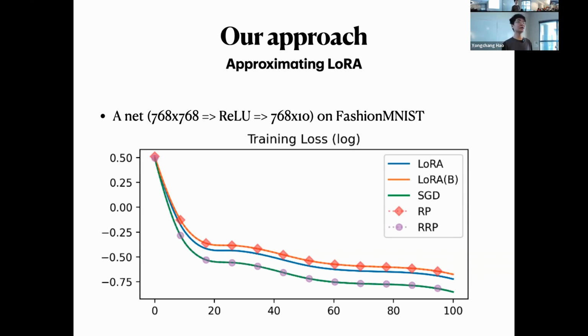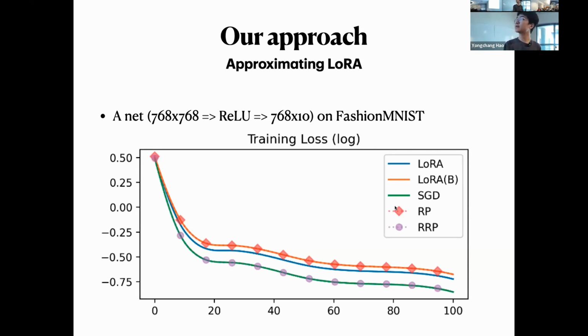It approximates LoRA, original LoRA, but it will not be the same because you will always have a fixed A0. But nevertheless, you can see that the performance is not much worse than original LoRA by simply training LoRA B. And we also see that this thing should be equivalent to random projection of the original gradient.